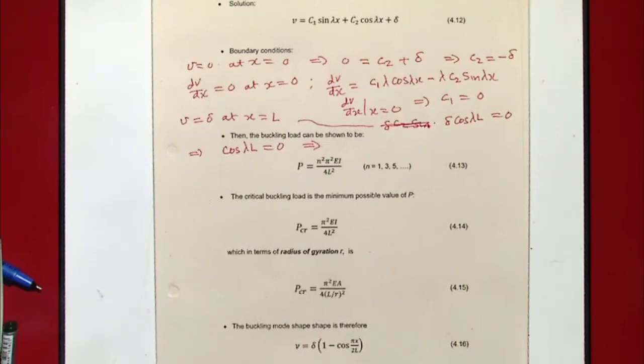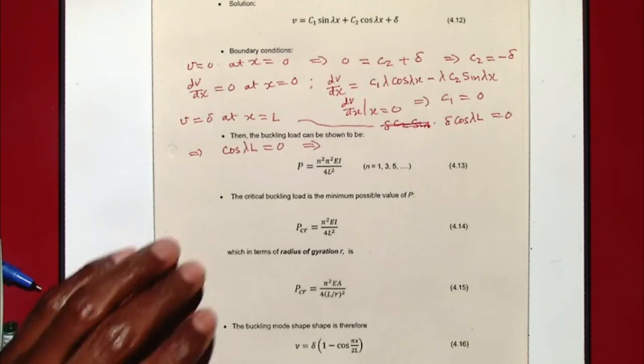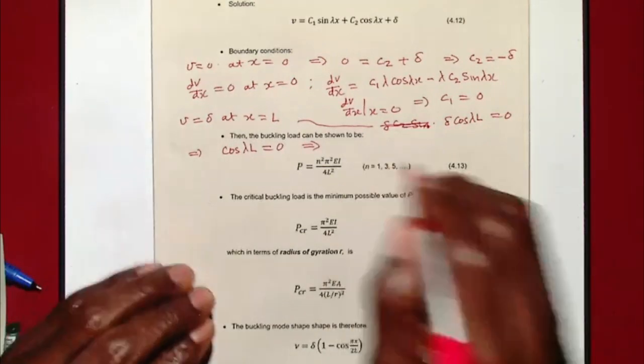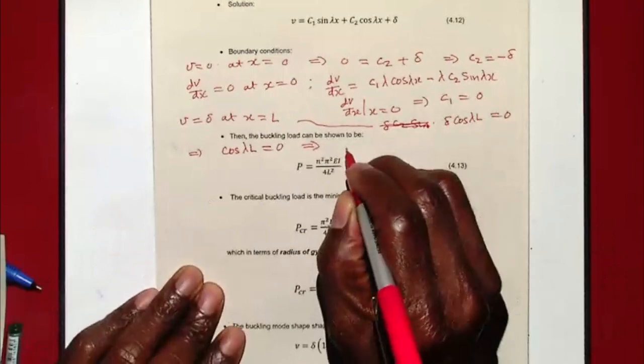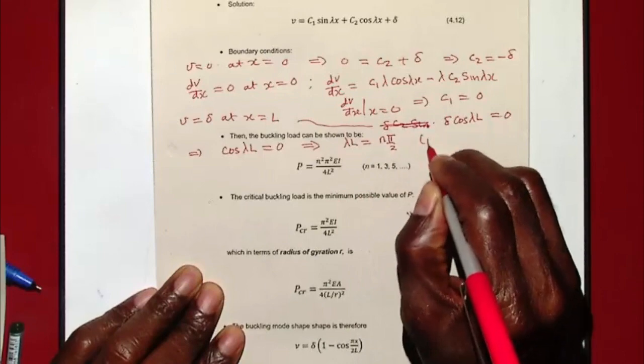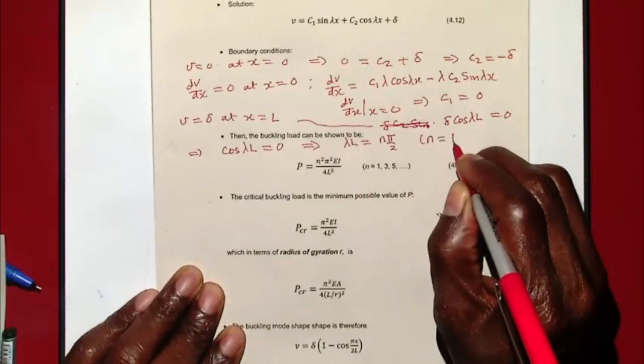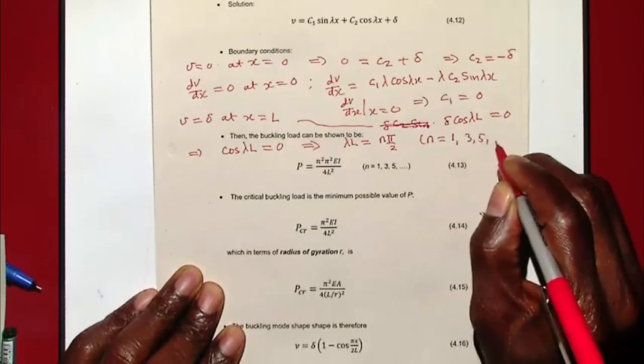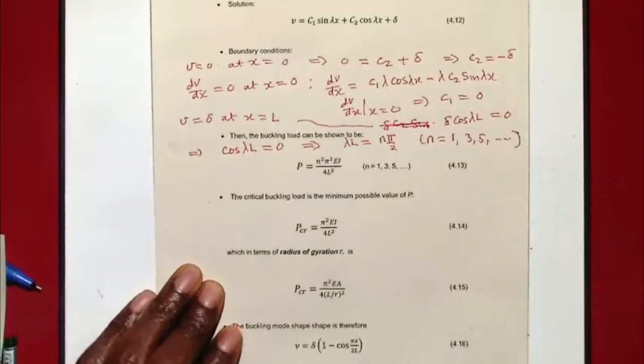The cosine of pi over 2 is 0. The cosine of 3 pi over 2 is 0. The cosine of 5 pi over 2 is 0. And you keep going like that. So lambda L must be n pi over 2, where n equals 1, 3, 5, and you go like that.